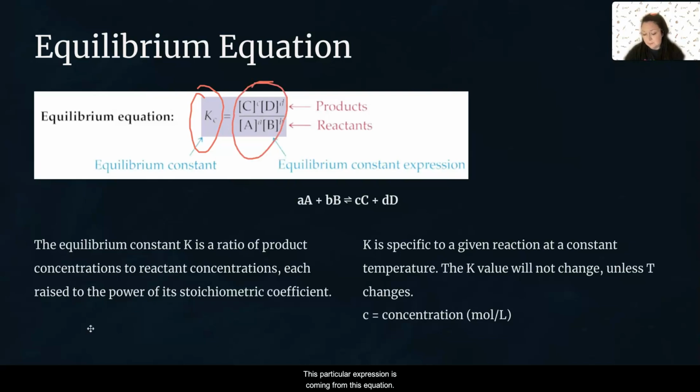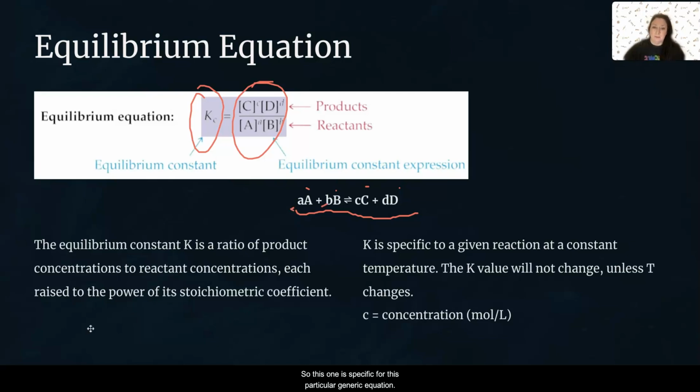This particular expression is coming from this equation. And take note that the products are capital C and capital D, and they go into the numerator, and they're raised to the power of their coefficient from the balanced chemical equation, which are lowercase c and lowercase d. And then in my denominator are my reactants, which are capital A and B, and they are raised to the power of their coefficients.